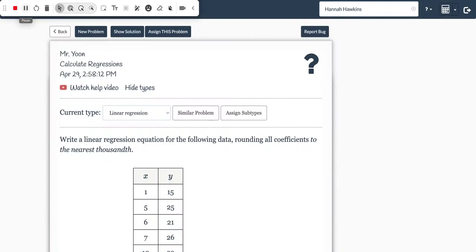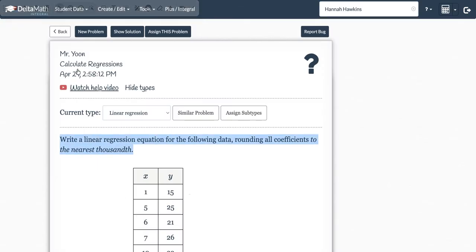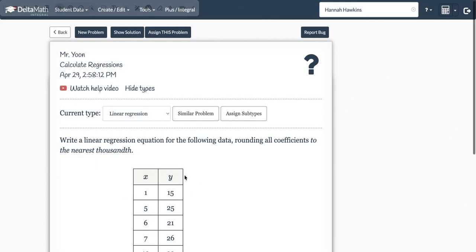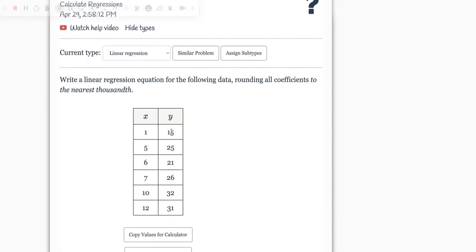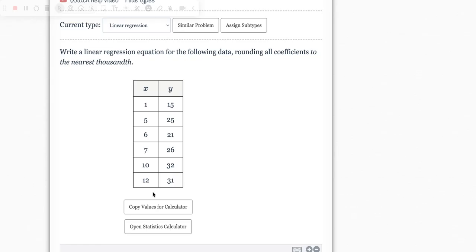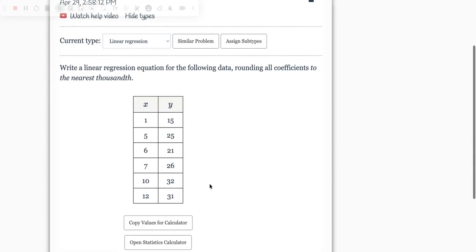Okay, now you've done linear regressions, and we're going to look at a couple other types of regressions. But just to review, remember, you're going to take this table of data, copy them into the calculator, and then open the statistics calculator.